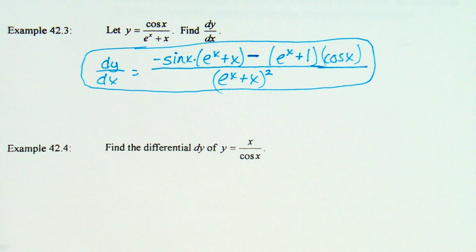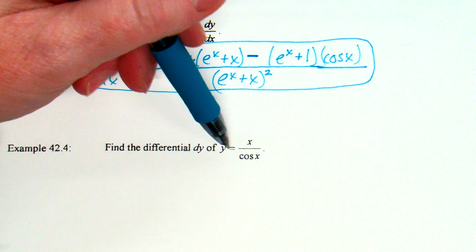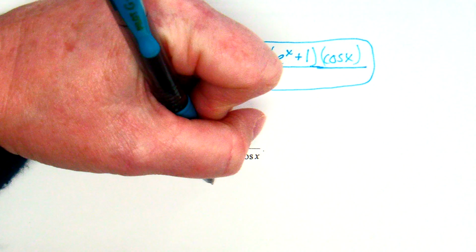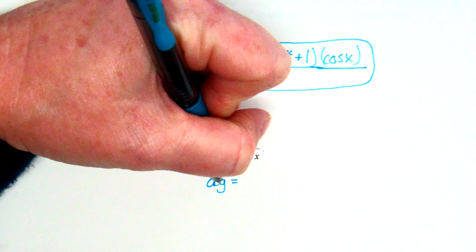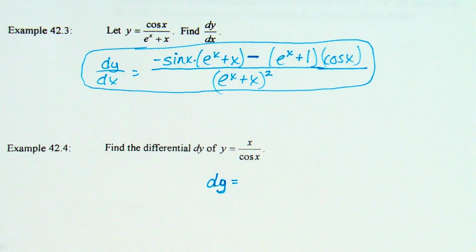Whatever variable it is, you tag on d whatever when you take the derivatives there. Okay? So, it starts with y equals. What's the derivative of y? One, and then tag on a dy. Derivative of y is 1, tag on dy, and so thus we're finding dy.